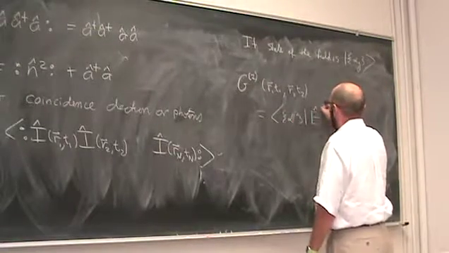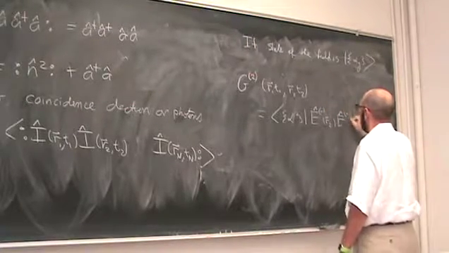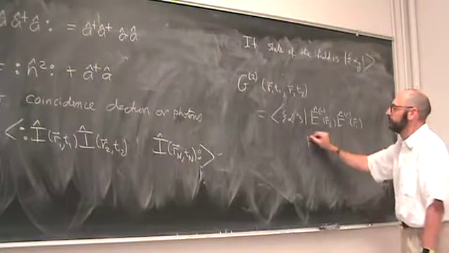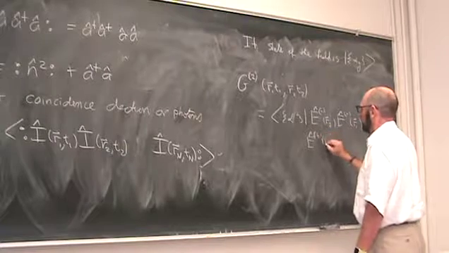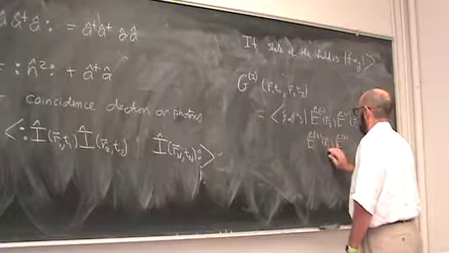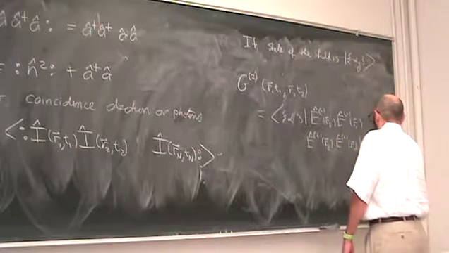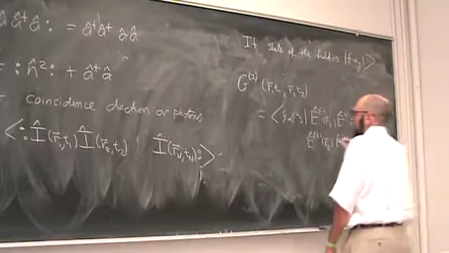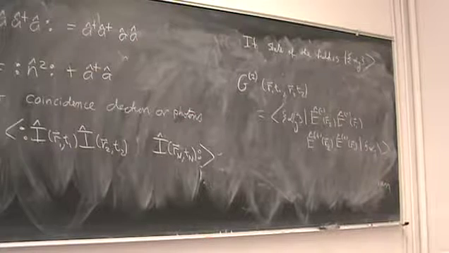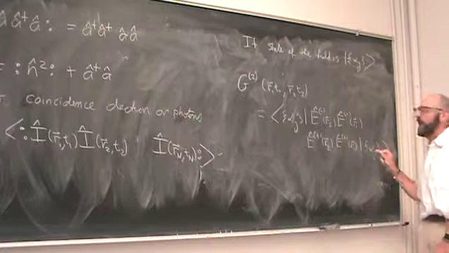That's equal to, I put all the E minuses on the left. Of course, all the E minuses commute with themselves, and all the E pluses commute with themselves. So it doesn't matter what order I put those in. Okay, that's what it is. So, what happens when E plus, this operator acts on that?